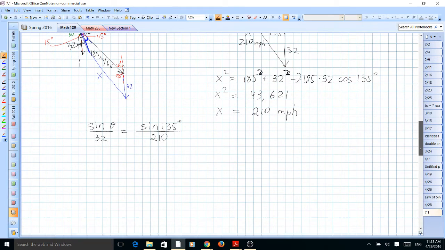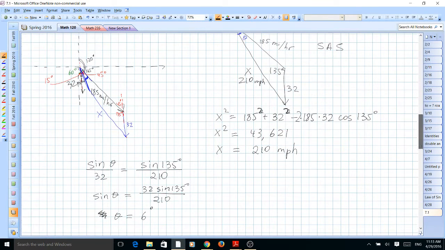That would give me the proportion for finding theta. So sine of theta has to be 32 times sine of 135 degrees divided by 210. So theta came out to be sine inverse of all of that, so that's what I put in the calculator. Approximately it's 6 degrees. Now the 6 degrees is that blue little thing that I've labeled.